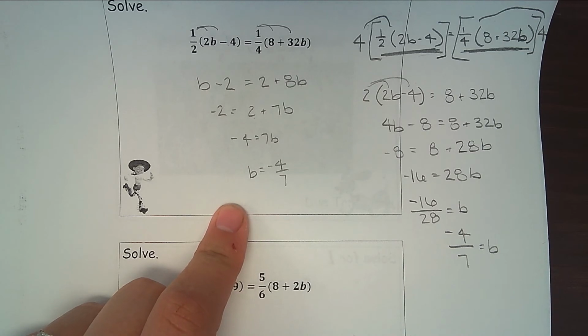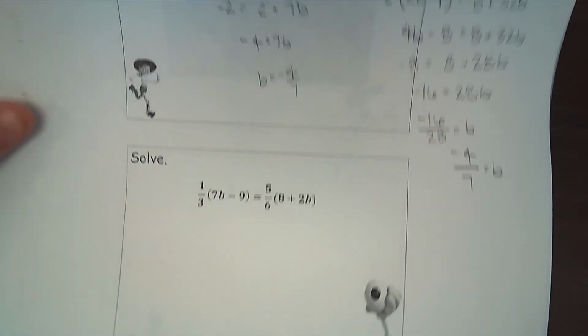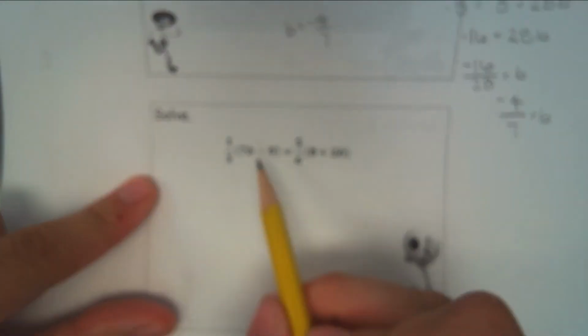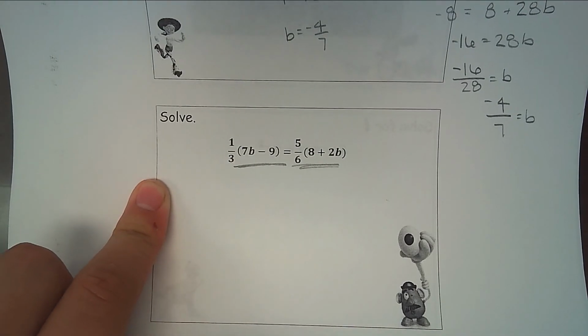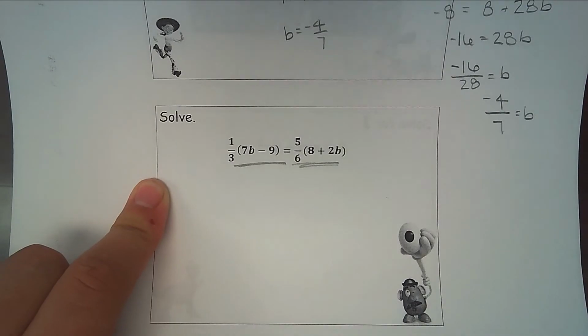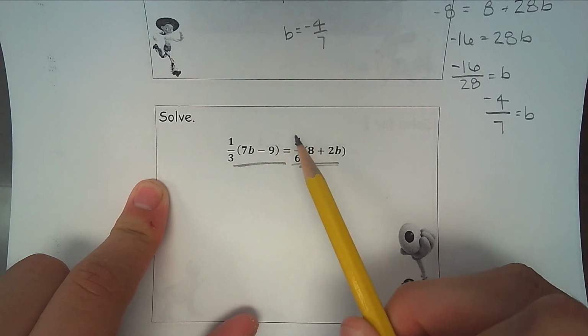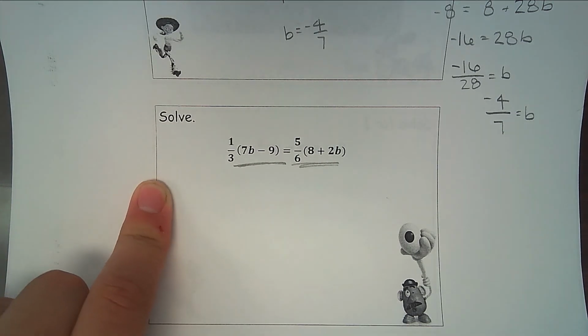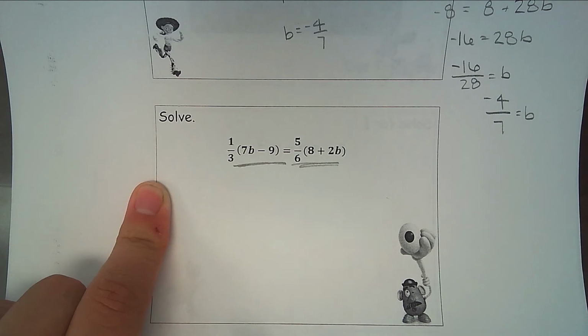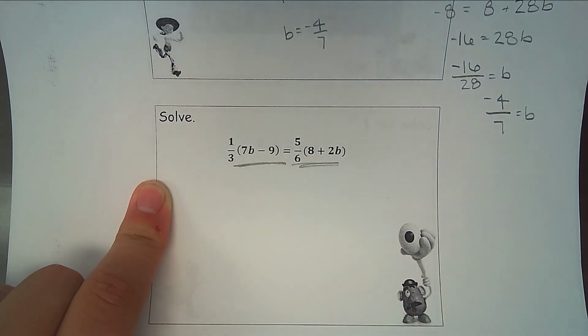Alright, let's try another one. Again, we have 2 terms here, one on each side of the equation sign. And notice here, once I do my distribution, I'm going to get some really ugly numbers. So I'm just going to multiply every term by my common denominator right away. So 3 and 6.